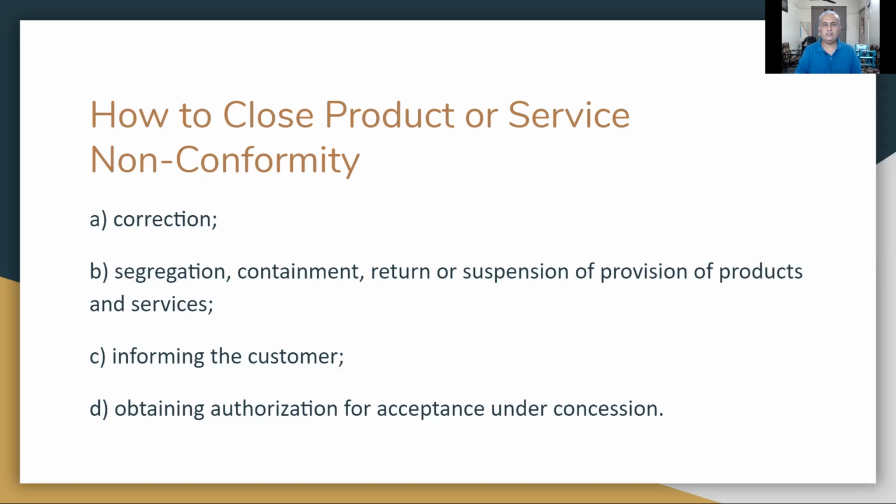You as an organization are producing whatever your customer tells you to manufacture, right? If something is not as per their requirement, you have to inform them. So that is information passing to the customer.